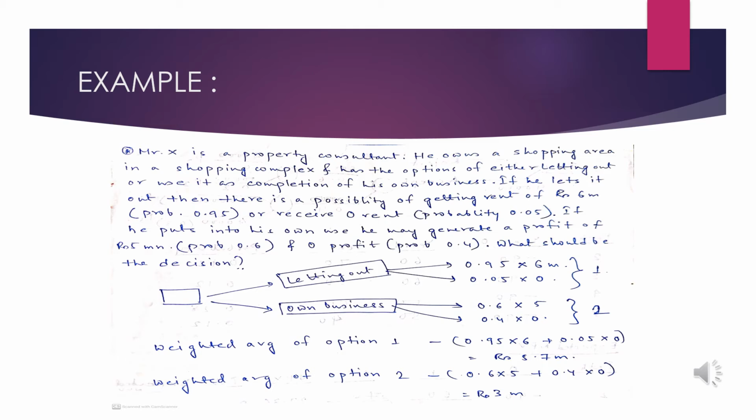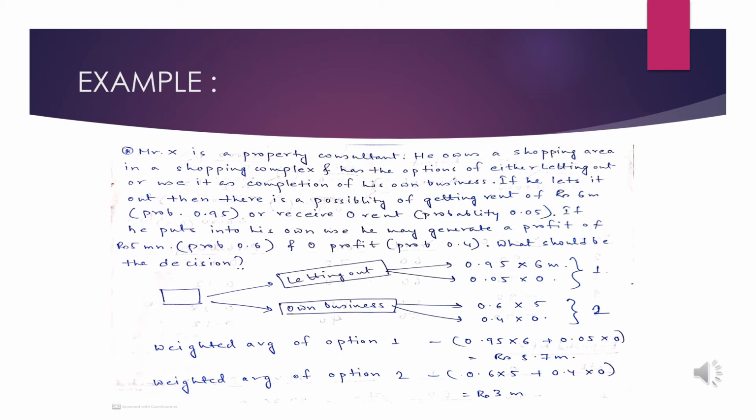When he continues with his own business, he can either earn a profit of 5 million with a probability of 0.6, or earn 0 profit with a probability of 0.4. Now, to find the expected monetary value, for option 1 it is 0.95 into 6 plus 0.05 into 0, which gives a grand total of rupees 5.7 million.